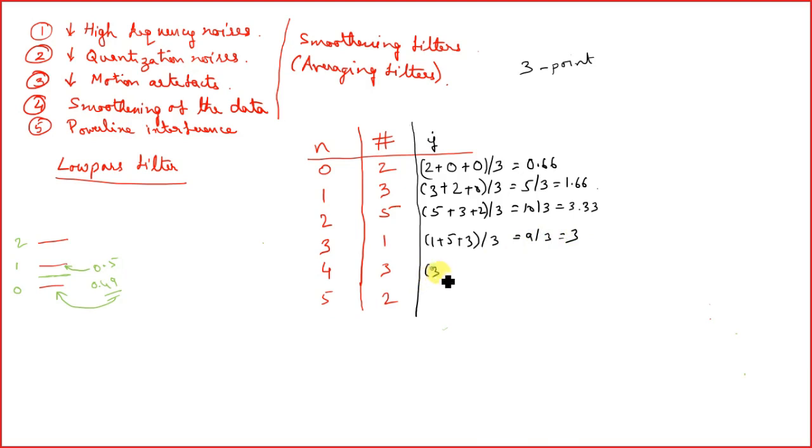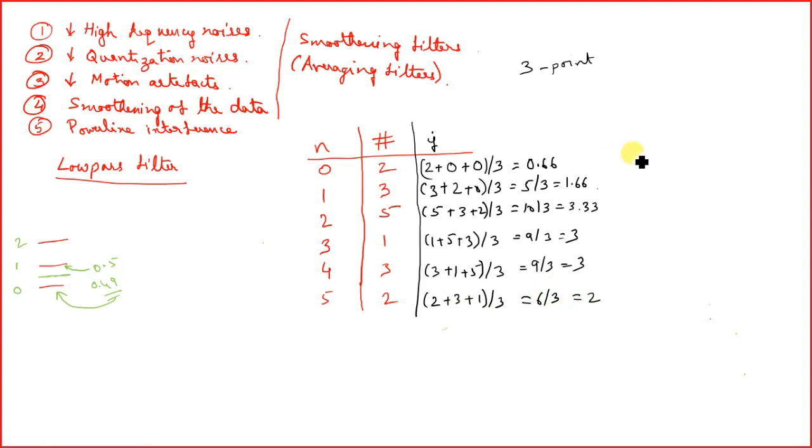Then you have 3 plus 1 plus 5 by 3. So you get 4 plus 5 9 by 3, 3, and lastly you get 2 plus 3 plus 1, 6 by 3 equals 2.